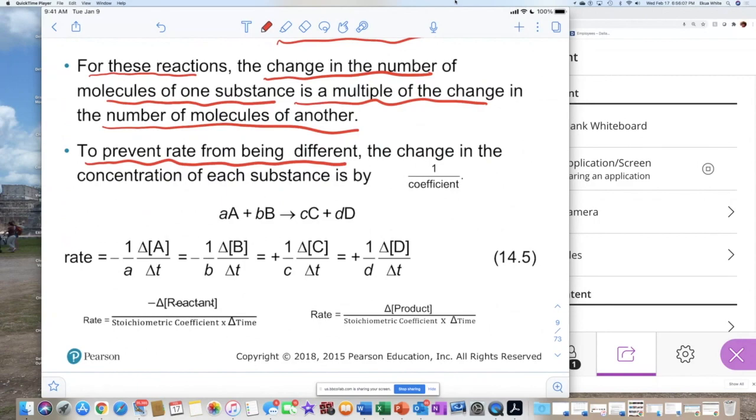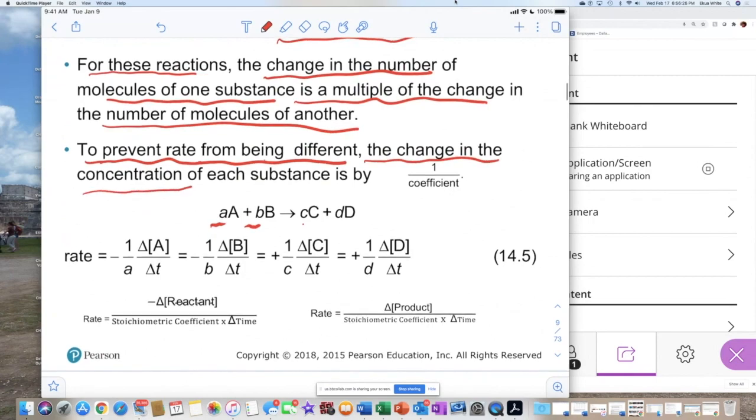Remember I told you earlier, you can get to the same rate by tracking any reactant or any product. But if you don't take care of stoichiometry, you can have different rates. So it's saying here, to prevent that from happening, the change in the concentration of each substance is multiplied by, there should be the word multiplied, is multiplied.